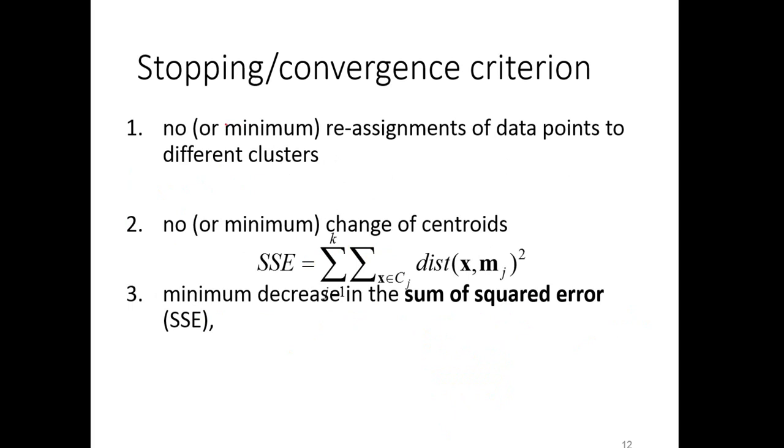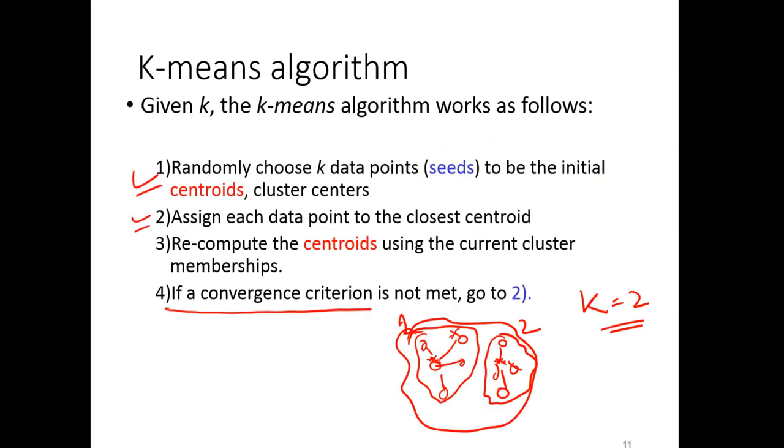The way we know the convergence criteria is to see whether there is no reassignment of data points to different clusters. That means you do the iterations. In the first iteration, the algorithm will randomly choose the centroids, but in the next step it will calculate centroids based on the existing clusters. And you keep on iterating.